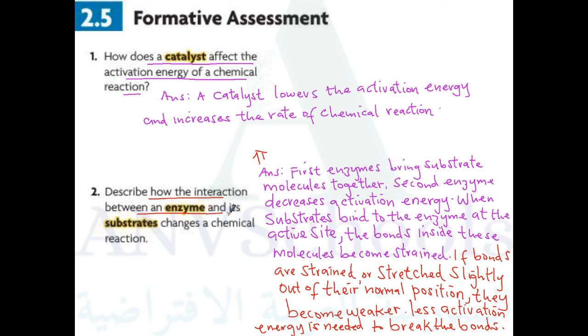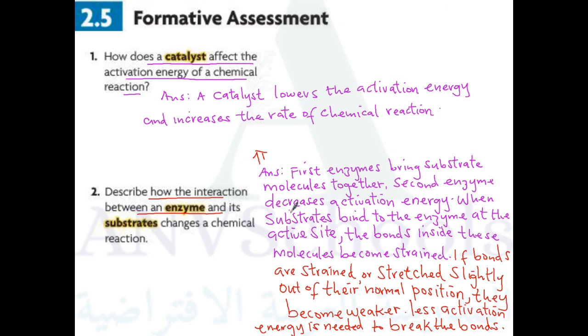So how does it change? How does the interaction between enzyme and its substrate change a chemical reaction? The answer is basically very clear here. As you can see, first, the enzymes bring the substrate molecules together.